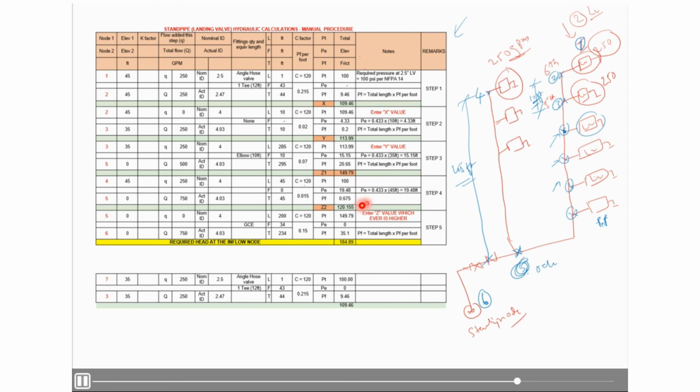So I am ignoring this 120.55, because if I have 149.79 here, it means I have 120 also. So I am going to ignore this 4 to 5 node as well.